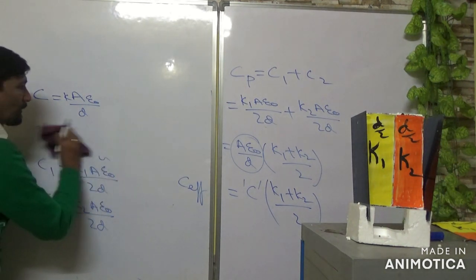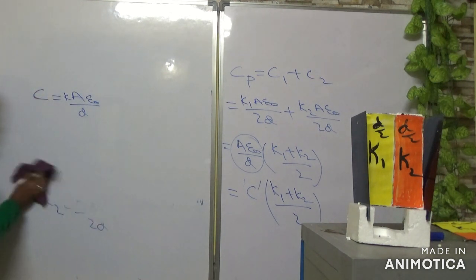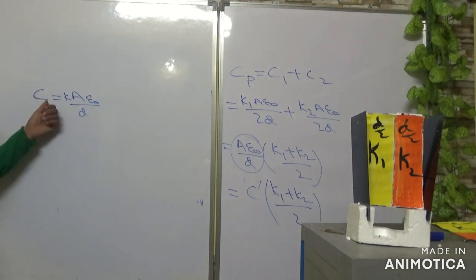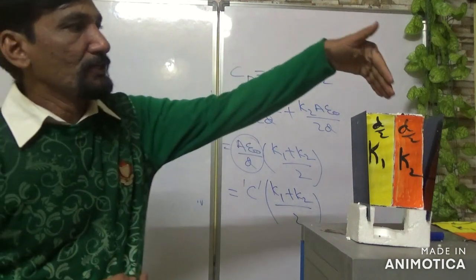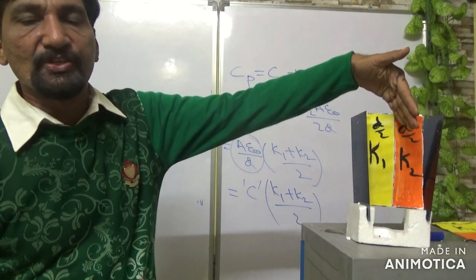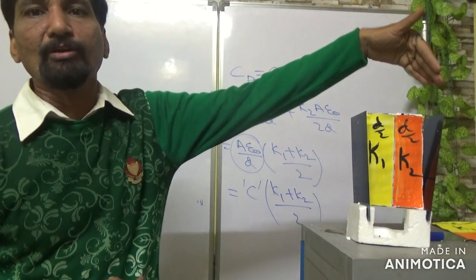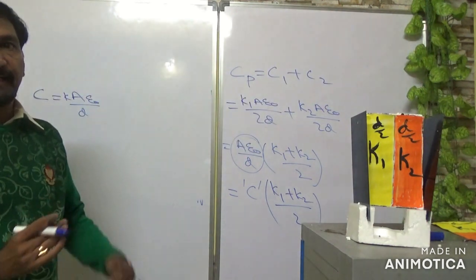For all problems, remember C effective is always K into A epsilon naught by D. So here area is the same, only distance is divided: half of the distance with one dielectric, the remaining half with another dielectric.